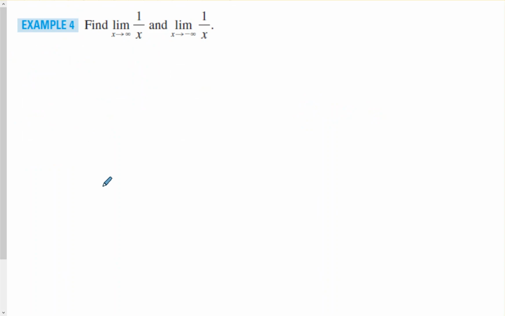Okay, let's take a look at the limit as x approaches infinity of 1 over x, and the limit as x approaches negative infinity of 1 over x. Just remember what happens to 1 over x if we looked at the graph of it.